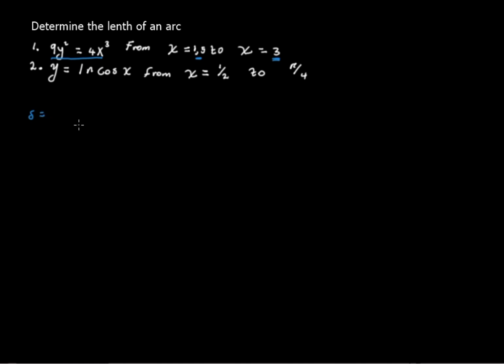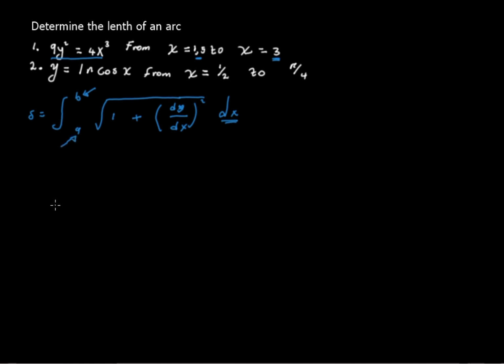The arc length will be given by the square root of 1 plus the derivative of the given function, dy over dx, squared. And don't forget the integral, because you're integrating. This is the final point, and this is the initial point.